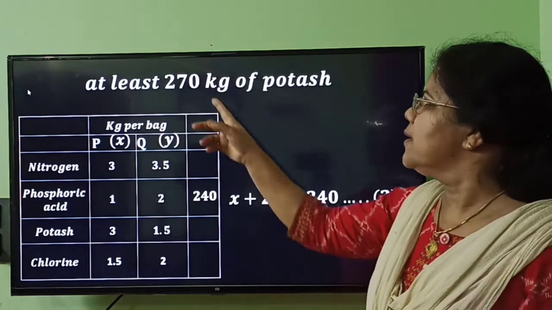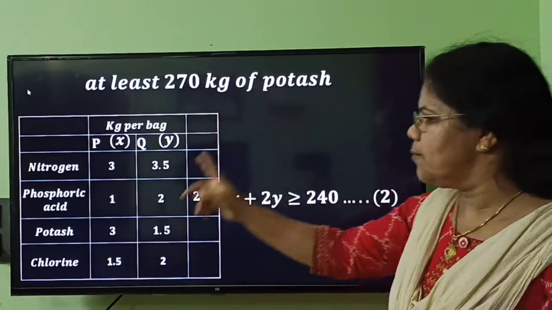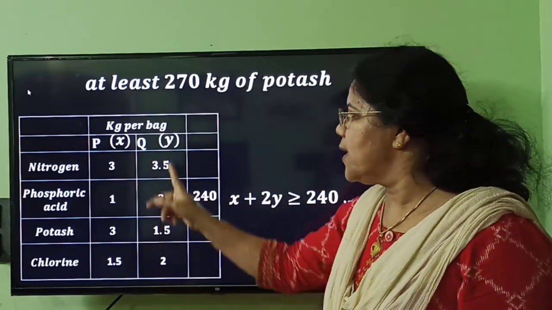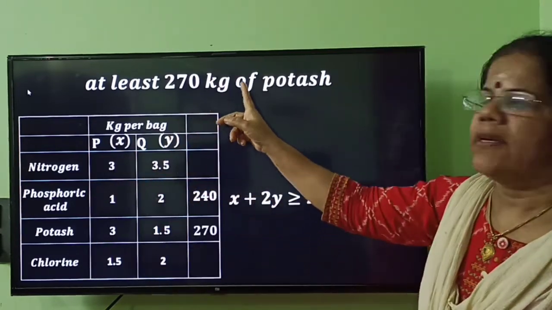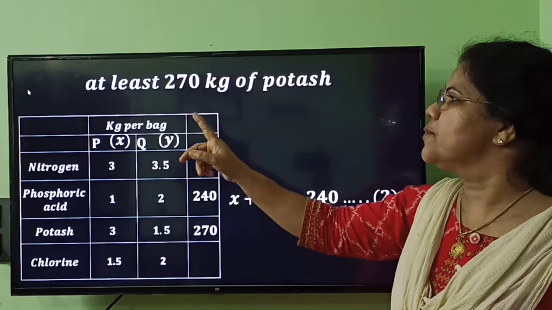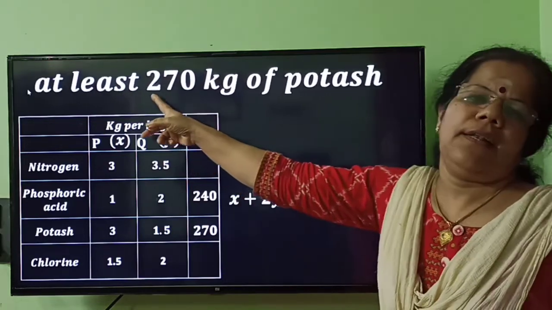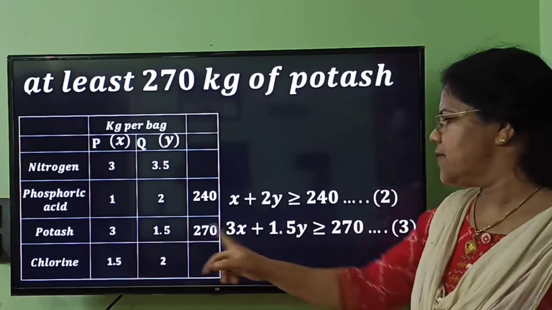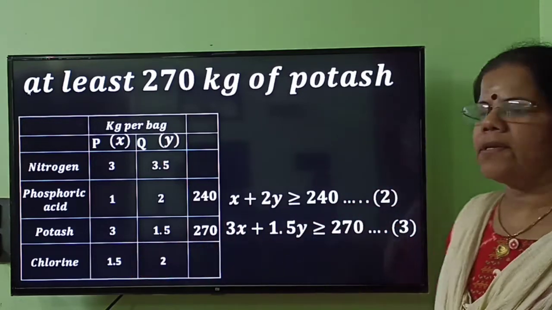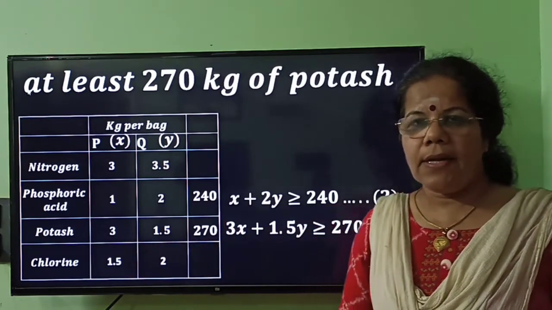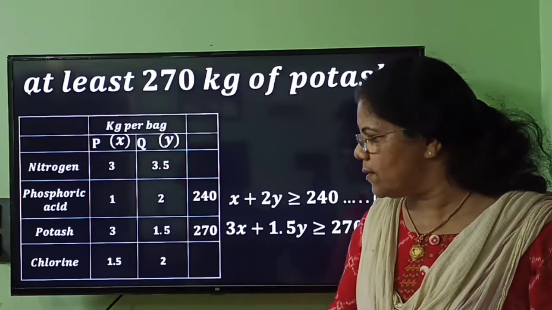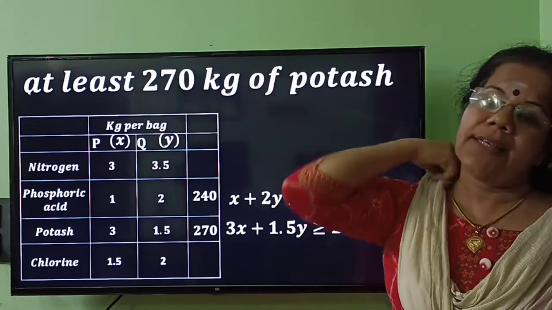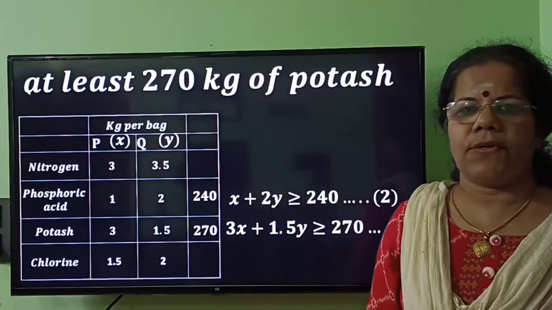Next, at least 270 kilogram of potash. So it is 3x plus 1.5y greater than or equal to 270, because it is at least 270. And about chlorine, it is told at most, maximum it can be there, so it can be less also.